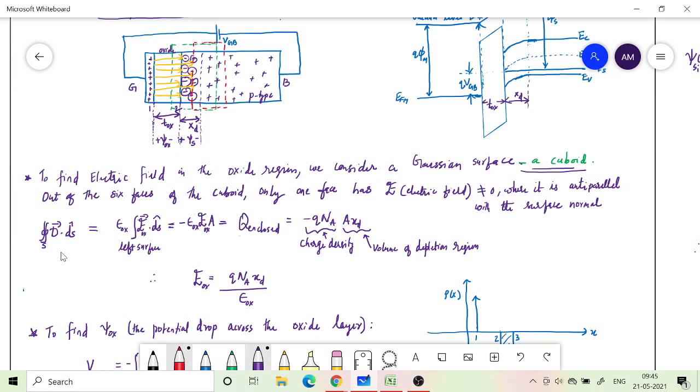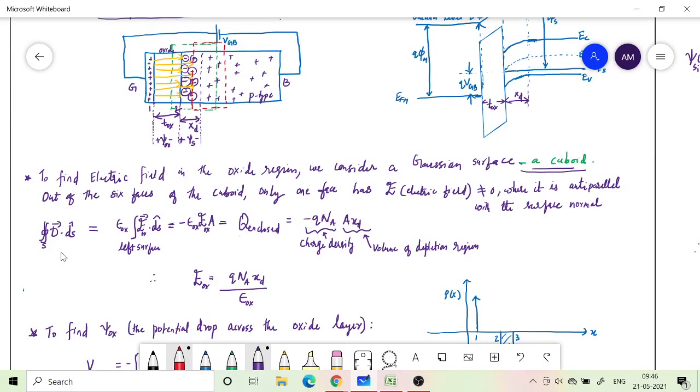But if you consider all the 6 faces of the green cuboid, only one surface is going to have flux lines passing through it. For all the other surfaces, for example the upper surface, there is not going to be an electric field. The lower surface also will not have any electric field.